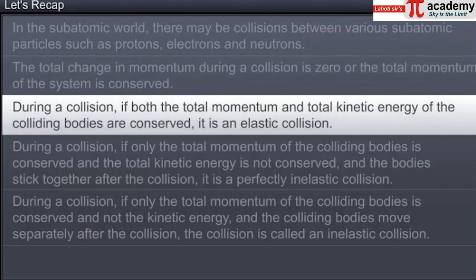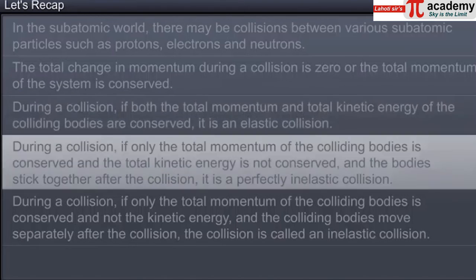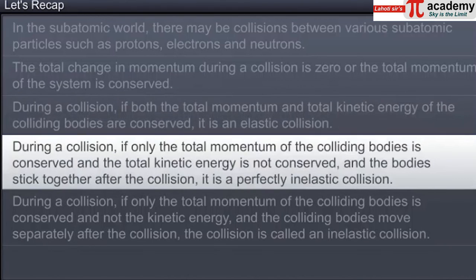During a collision, if both the total momentum and total kinetic energy of the colliding bodies are conserved, it is an elastic collision. During a collision, if only the total momentum of the colliding bodies is conserved and the total kinetic energy is not conserved, and the bodies stick together after the collision, it is a perfectly inelastic collision.